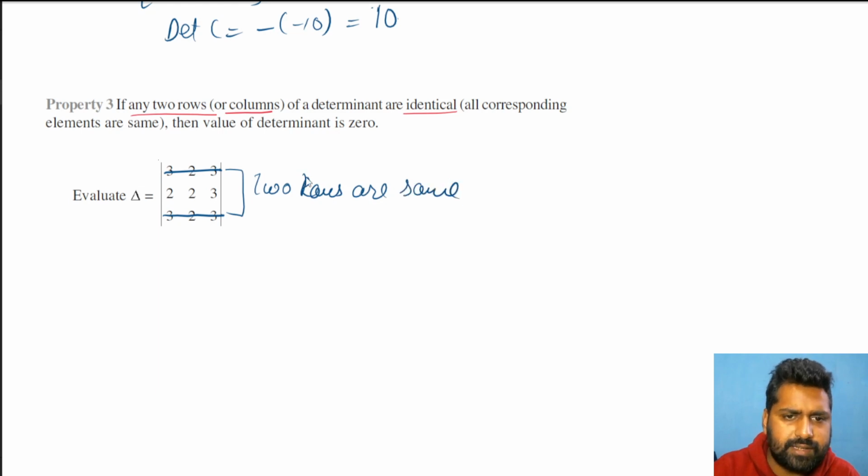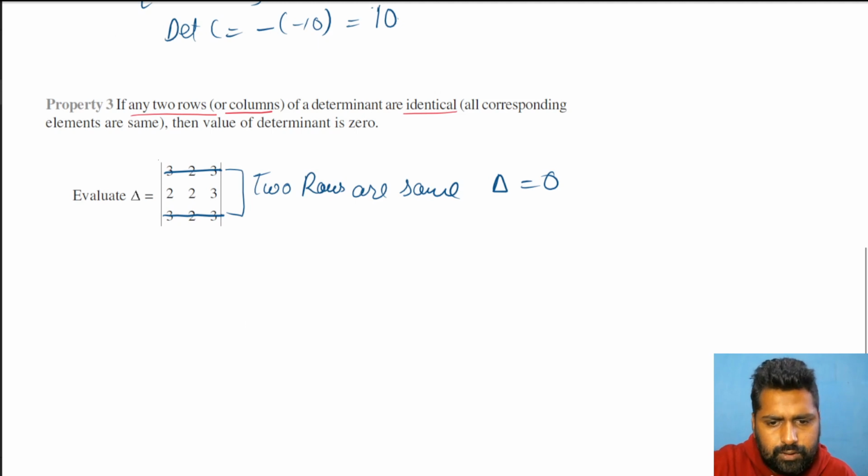If two rows are the same, I don't have to solve the determinant. I'll say delta is equal to 0. Or two columns, it doesn't matter, as long as they are identical, delta is 0. We don't have to solve the determinant.